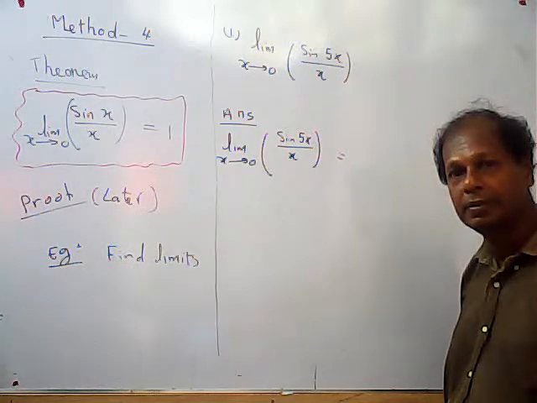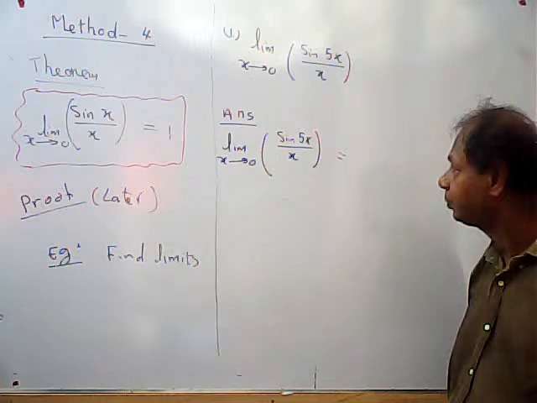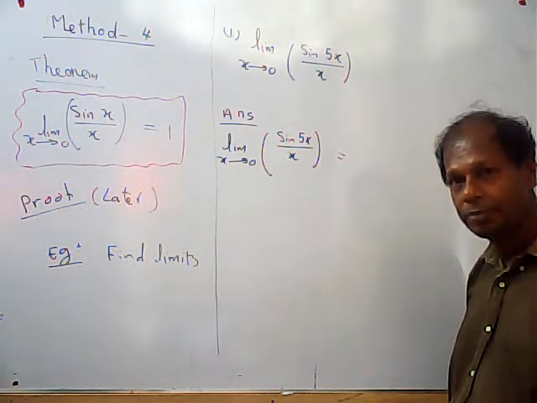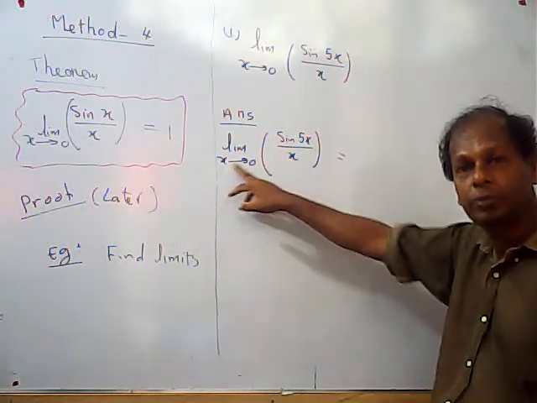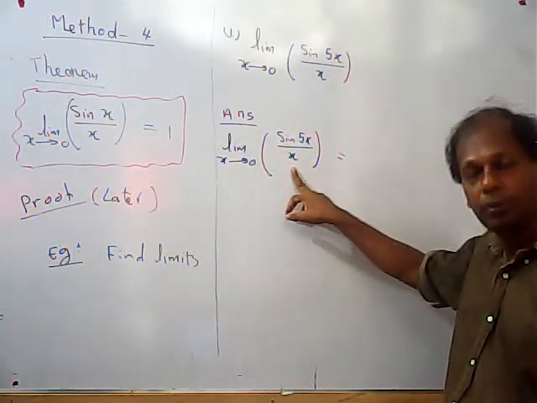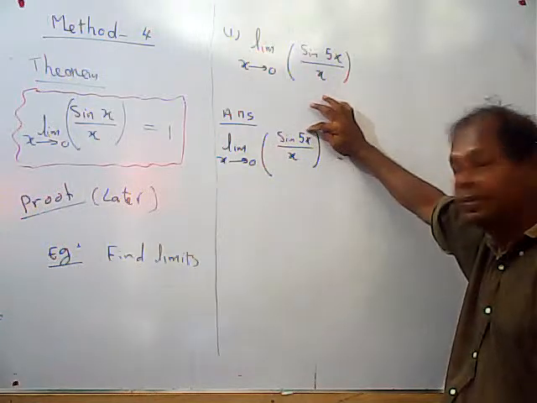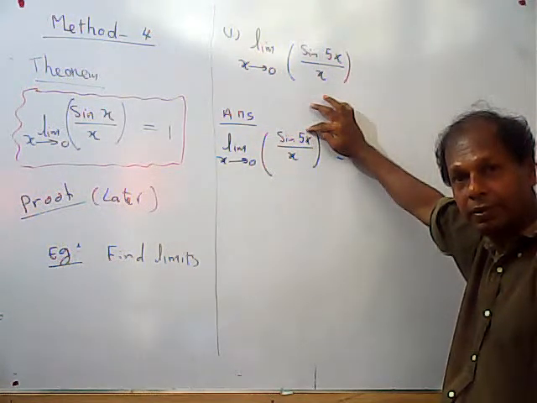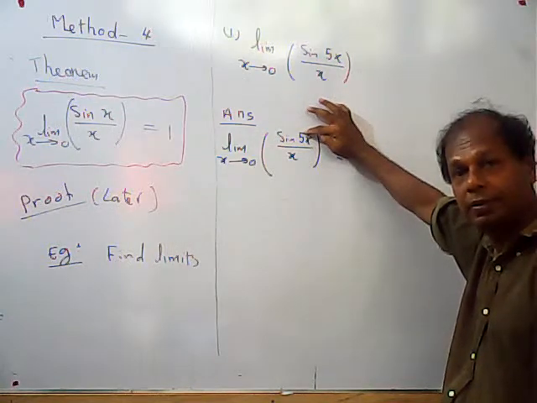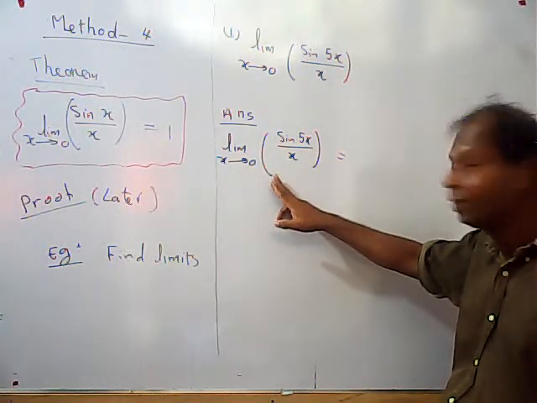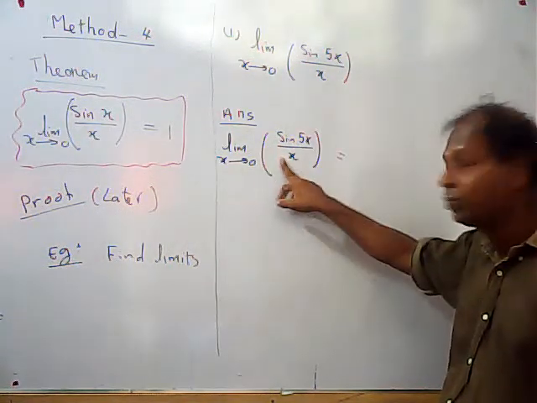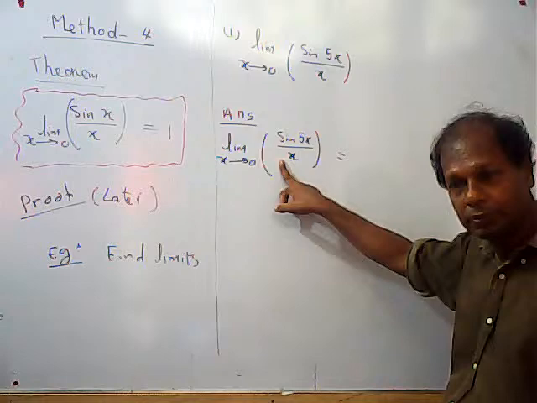Is there some difference? If you notice, there is some problem. As x goes to 0, this is okay, but the angle is 5x, and it has to be 5x in the denominator, not x.